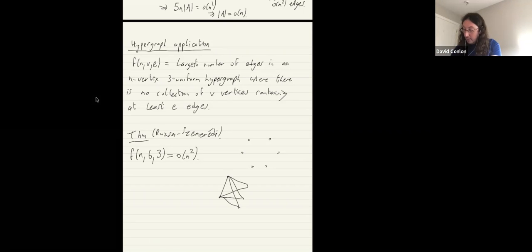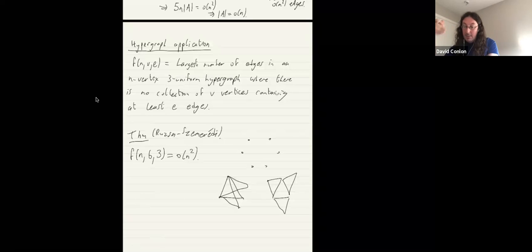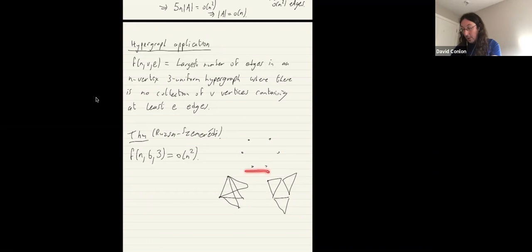Or you could end up with something like a triangle like this, where you have three uniform edges which form a triangle. And basically, this F(n; v, e) is just asking for the largest number of edges such that you don't have these configurations. And in fact, those 2 configurations are the only ones that matter.